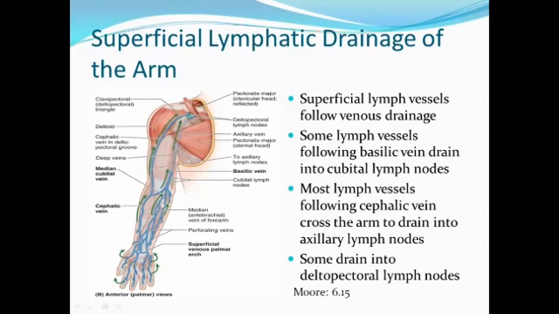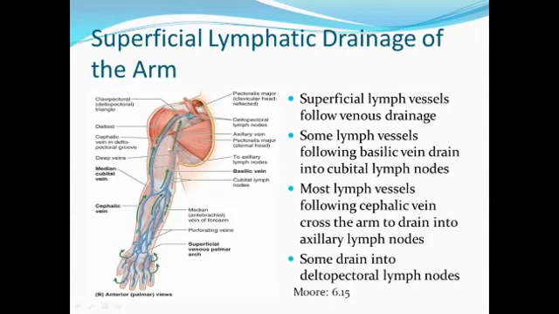Some of the lymph vessels that follow the basilic vein drain into cubital lymph nodes, shown here. And considering the path of the cephalic vein and the lymph vessels that follow it, most of the lymph vessels following the cephalic vein will cross the arm to drain into axillary lymph nodes.